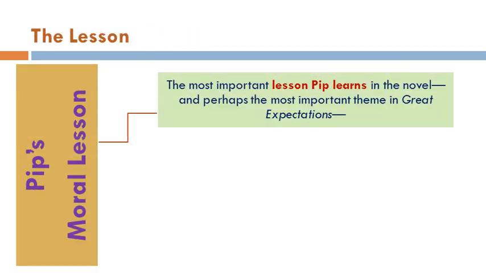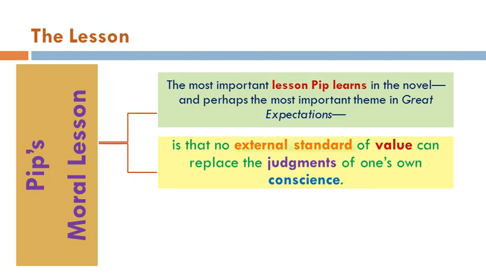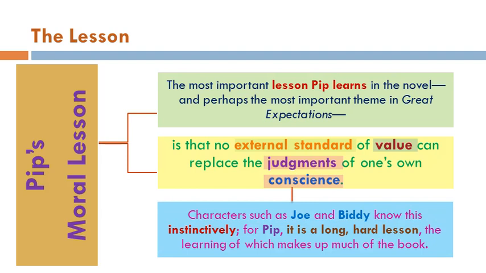So, the most important lesson Pip learns in the novel, and perhaps the most important theme in Great Expectations, is that no external standard of value can replace the judgments of one's own conscience. As a matter of fact, in Great Expectations, characters such as Joe and Biddy know this instinctively.